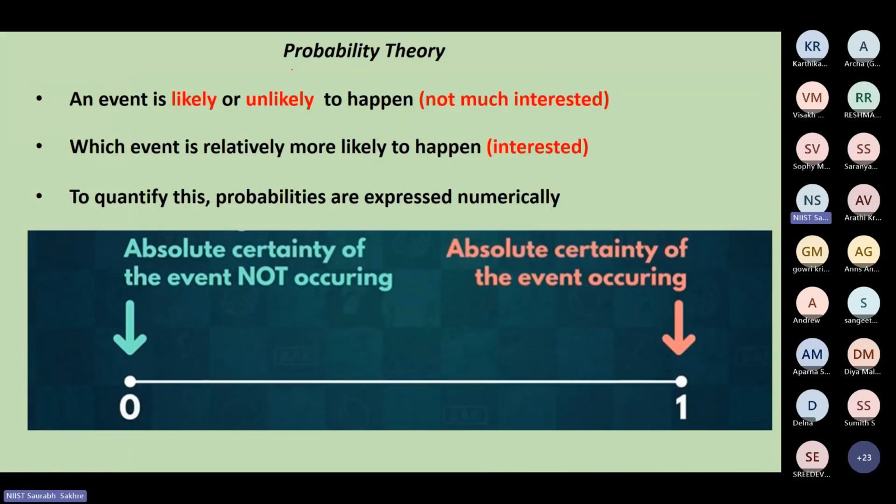Now, when you are going deep into probability theory, you have to keep in mind that we are not much interested in knowing whether an event is likely or unlikely to happen, but we are more interested in which event is relatively more likely to happen. These two lines I have written from my experience.